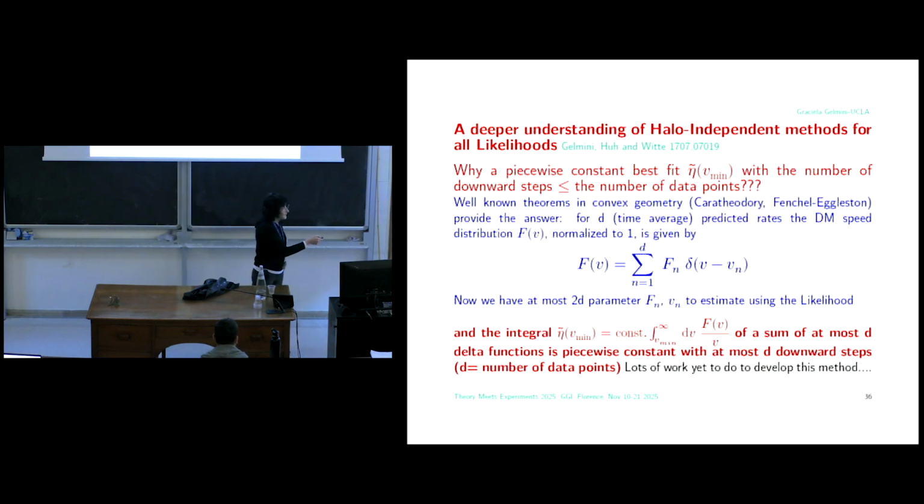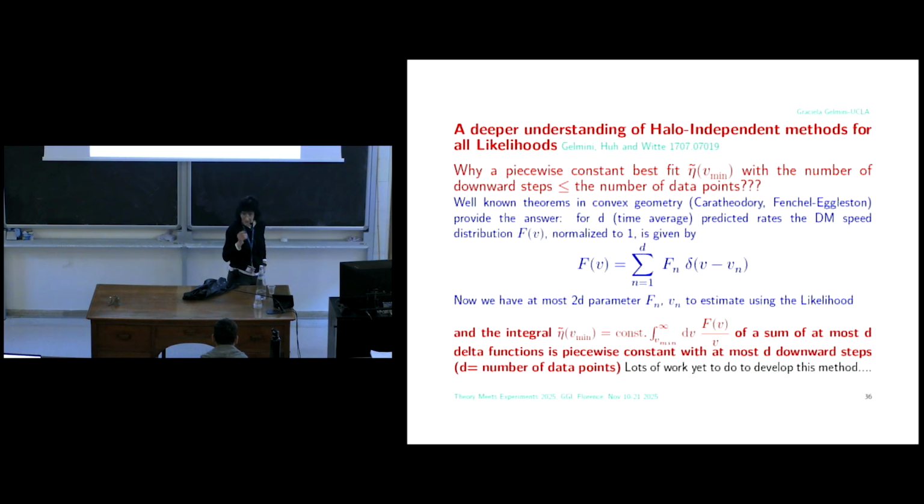The speed distribution needs to be written in this way. This is the best you can do. It's a sum of delta functions with some coefficients, and the number of terms is never larger than d. You have at most d. Usually when you make your fits, you find that it's much less than d.